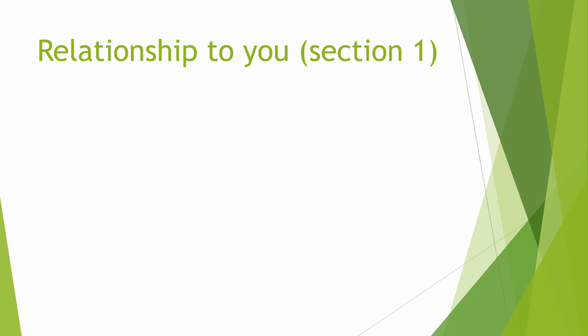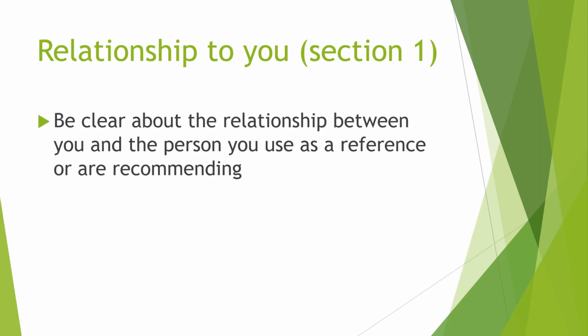Sometimes you may be required to state the relationship that you have with another person. So for example, if you are giving the name of a referee or you are asked to recommend another person, you need to be clear about the relationship that you have with that person.